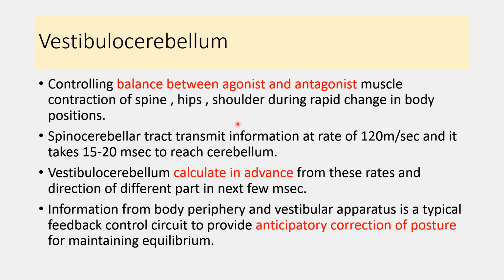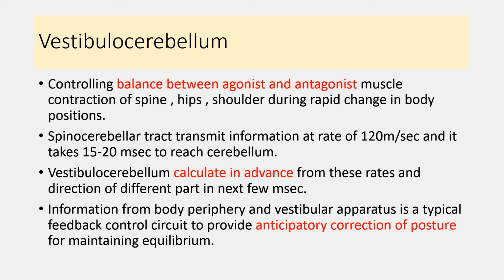So the vestibulocerebellum calculates in advance the rates and the direction of the different parts in the next few milliseconds. Information from the body periphery and the vestibular apparatus is a typical feedback control circuit to provide anticipatory correction of the posture for the regulation of the equilibrium.